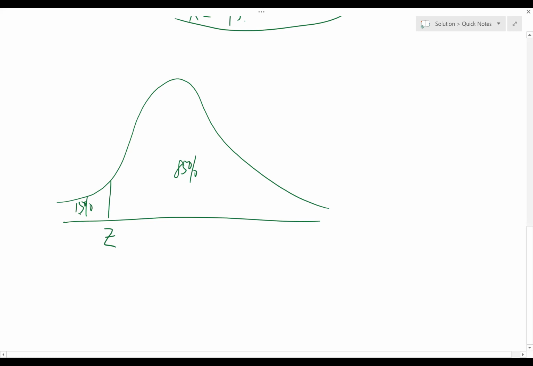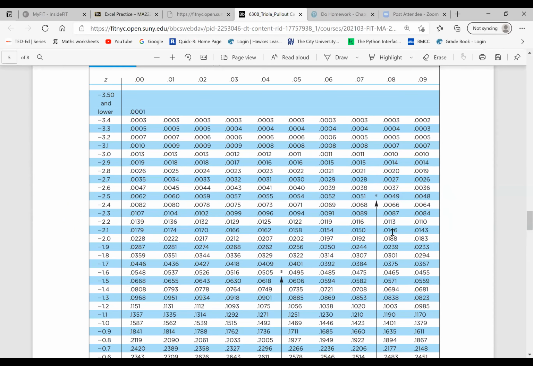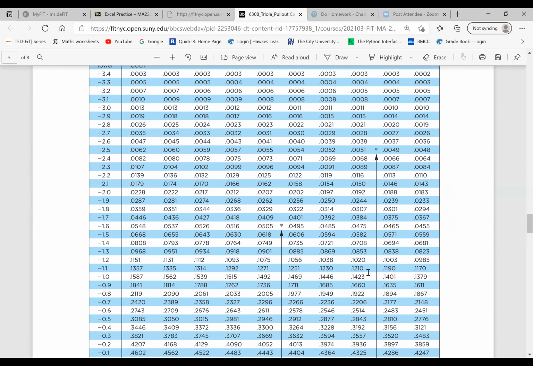Since we know the area to the left is 15%, which is 0.1500, now we can find the corresponding Z-score from table A2. So let's go back to table A2. Look for 0.1500, it should be on the first page. If you go down a little bit, you should be able to find 0.1500. No exact match again.